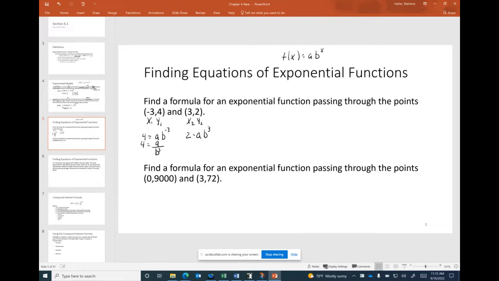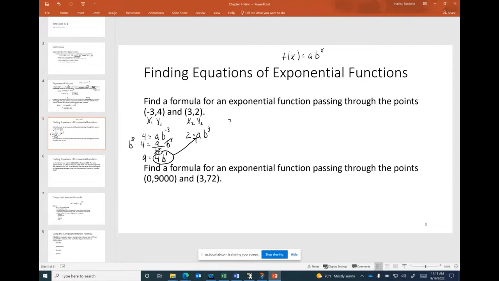If I multiply both sides by b to the 3rd power, then I'll have solved this for a. So a equals 4 times b to the 3rd power. Now I can substitute this expression for a in terms of b into the second equation that I made, and I'll be able to solve for b.